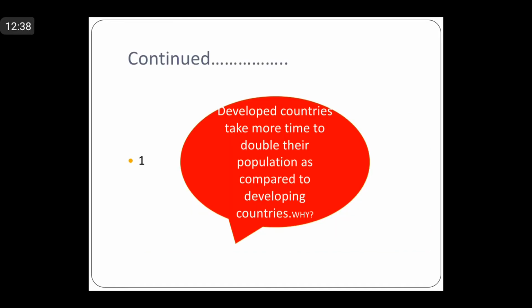Now, the question is here that developed countries take more time to double their population as compared to developing countries. Why?